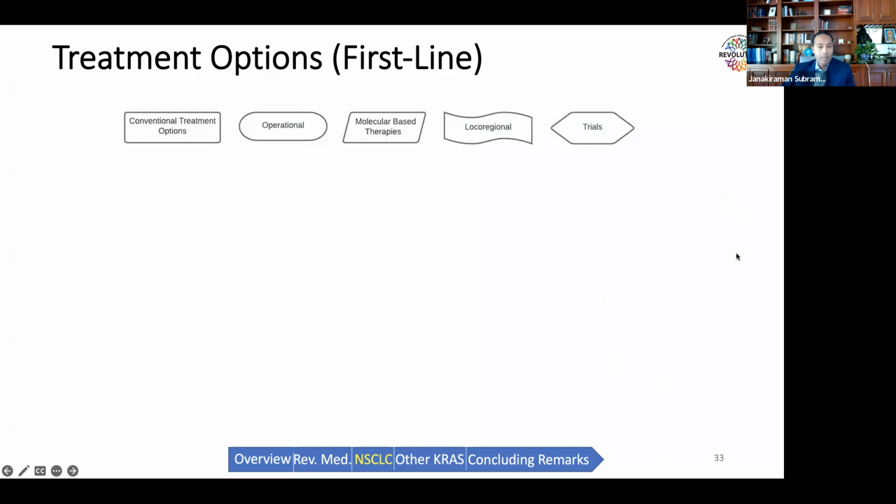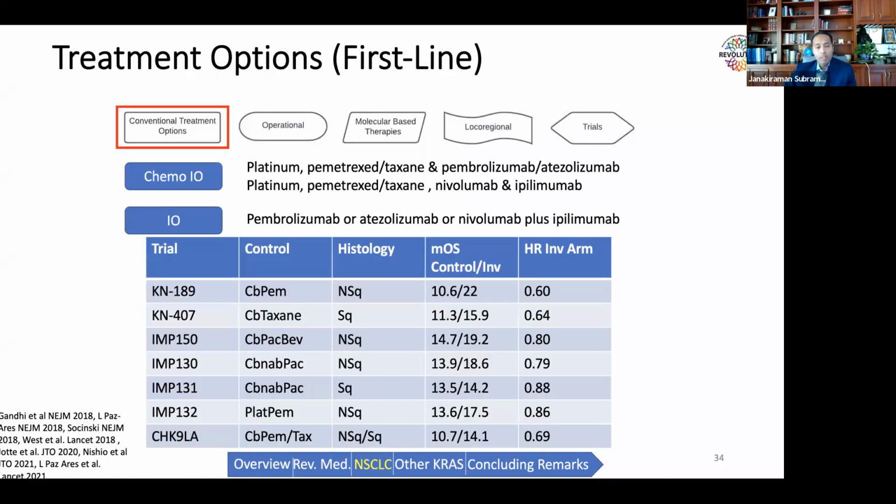Now we know that we have conventional treatment options, molecular-based therapies, local regional therapy, and then clinical trials. If you look at the conventional options in this particular patient, particularly with the KRAS G12C mutation, both drugs, sotorasib and adagrasib, as we saw in the CodeBreaK 100 and KRYSTAL-1 trials that led to their approval, were given to patients in the second line and beyond setting.